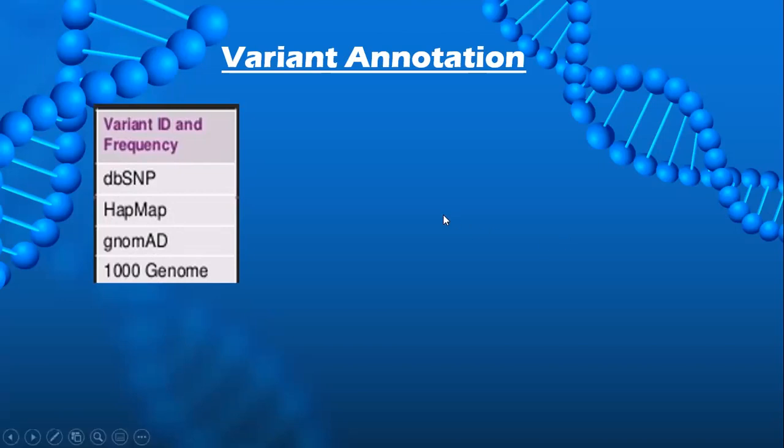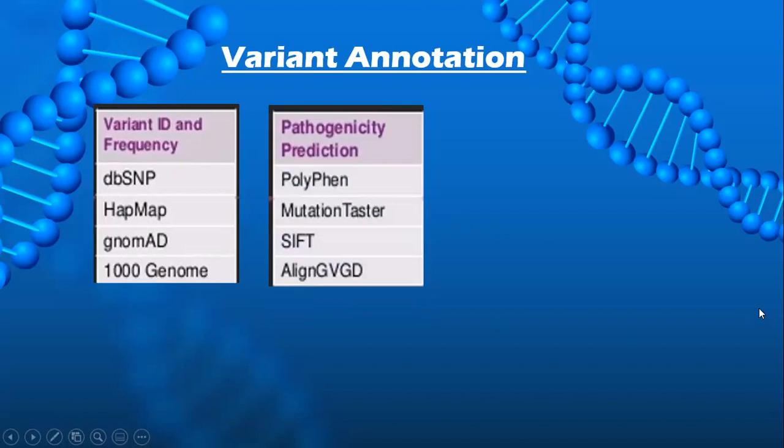To find the variant IDs and the frequencies of these variants, we use databases like dbSNP, HapMap, gnomAD, 1000 Genomes. To find out the degree to which the mutation is pathogenic or benign, we can use databases like PolyPhen, Mutation Taster, SIFT, Align GVGD.